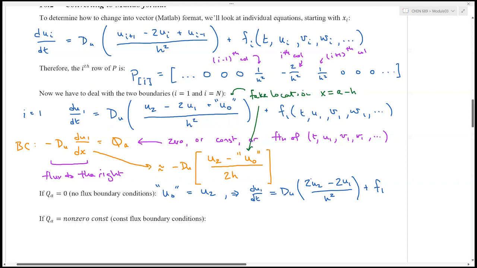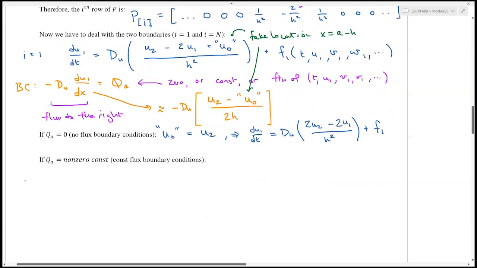Let's step it up just a little bit and make qa equal to some constant that's non-zero now. So in that case, if I solve with the boundary conditions, u0 is equal to u2 plus 2h over the diffusivity times q at the left boundary a.